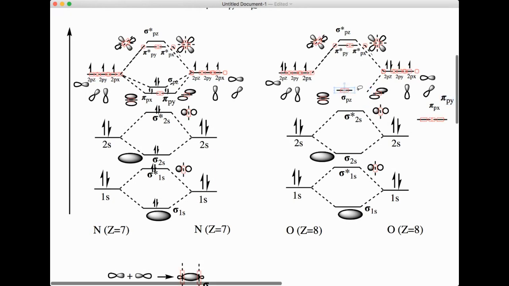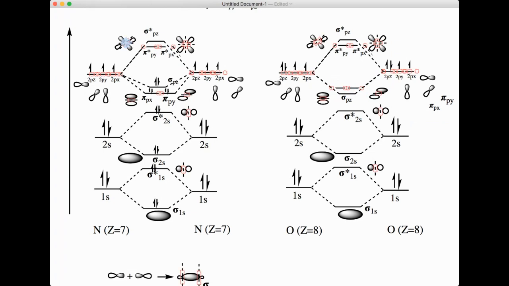And every atom with an atomic number larger than 8, you're going to follow the same pattern. The sigma will be lower in energy as compared to the pi. Everything else is exactly the same. We just reverse the order of these two. That's all we need to do.